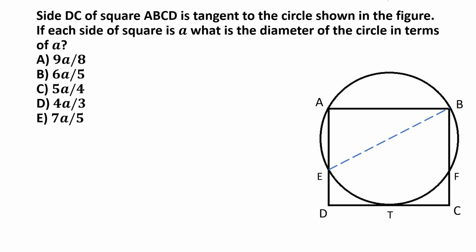consider angle BAE. That's 90 degrees because ABCD being a square, angle A is 90 degrees. So angle BAE is 90 degrees. And further, B and E are points on the circumference of the circle.